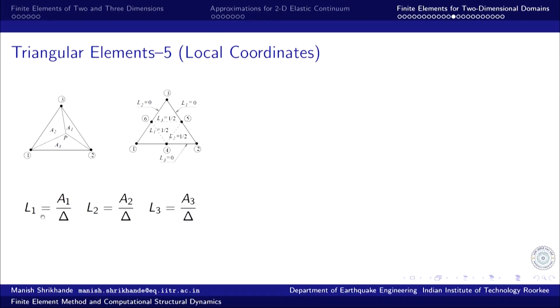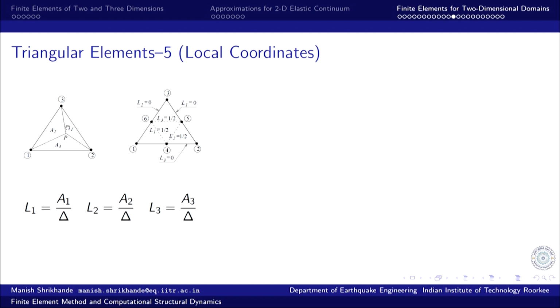Define L1 as A1 divided by delta, L2 as A2 divided by delta and L3 as A3 divided by delta, the area of the triangle. Now, the interesting thing is L1 plus L2 plus L3 is equal to unity, and this is a unique specification for the point P(x, y).